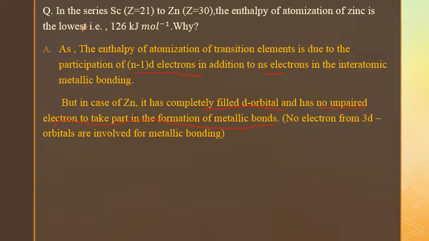Similarly in case of zinc, due to the absence of any partially filled d orbital or unpaired electron in the d subshell, the 3d orbitals are not involved in the metallic bonding. That's why zinc has less enthalpy of atomization in the series from scandium to zinc 30.